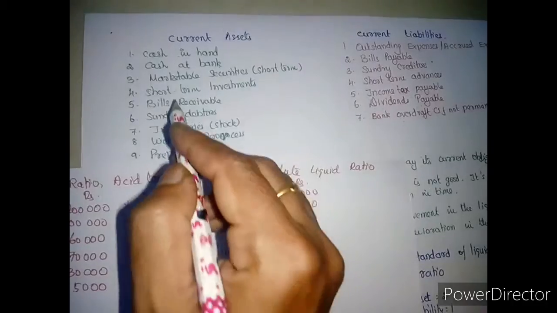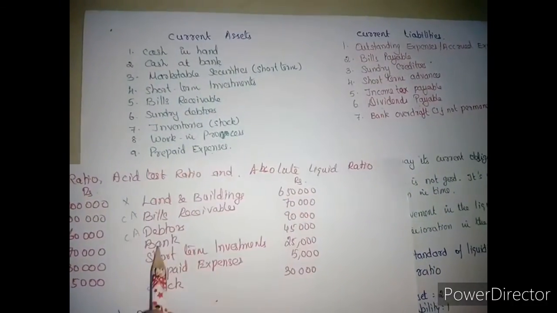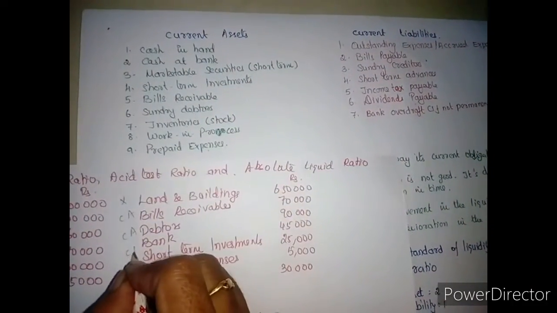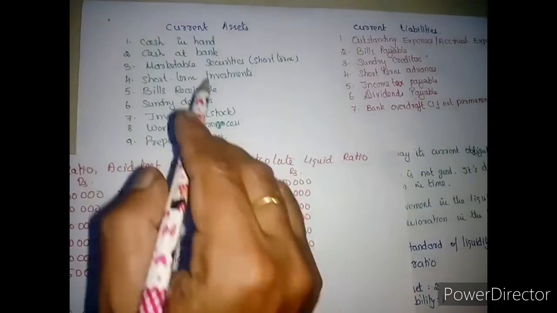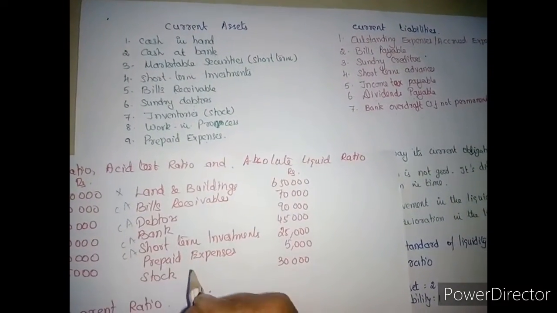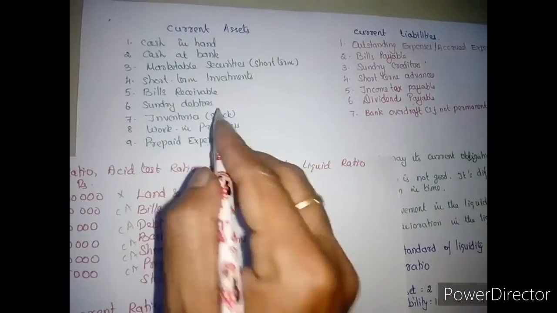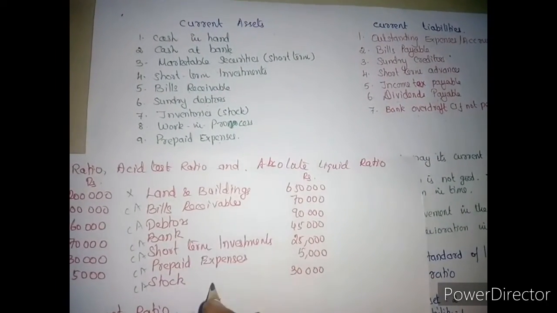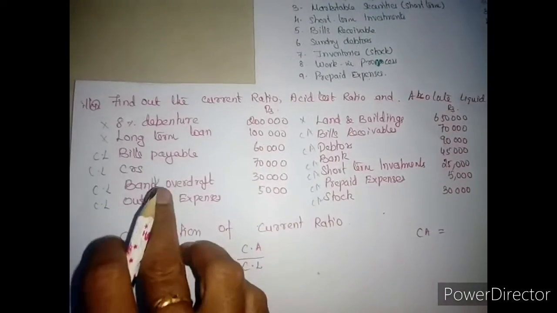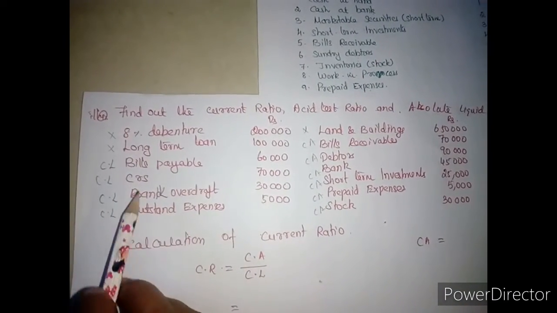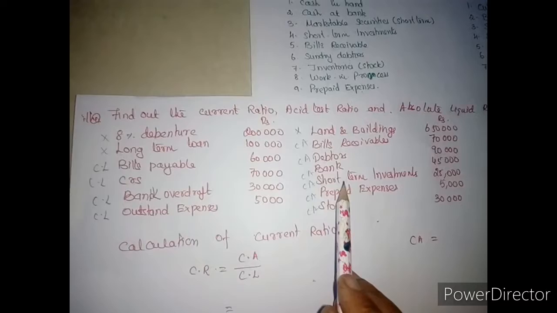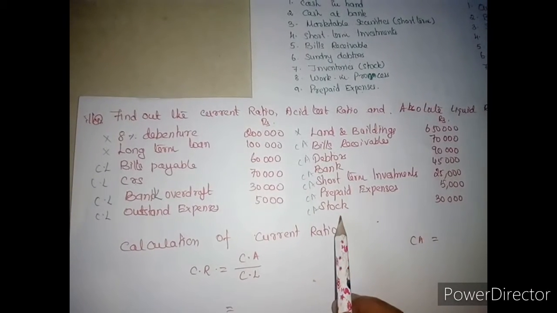Debtors, current asset. Next, bank, current asset. Short term investment, current asset. Prepaid expenses, current asset. Stock, current asset. These are the current asset items and those are the current liability items. How many items in current liability? 1, 2, 3, 4. Current asset, 1, 2, 3, 4, 5, 6 items.